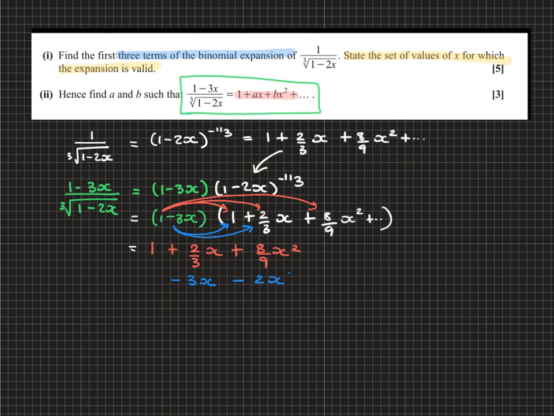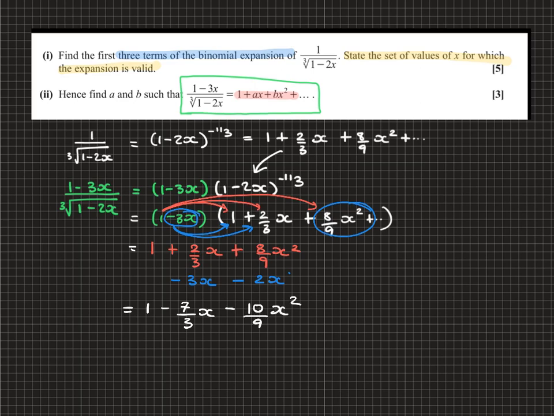And we can stop there because the next term, which would occur if we multiplied negative 3x by 8/9 x squared, would give us a term in x cubed, and we only want to go up as far as x squared. So let's now simplify this and add these terms together. This gives us 1 minus 7/3 of x minus 10/9 x squared.